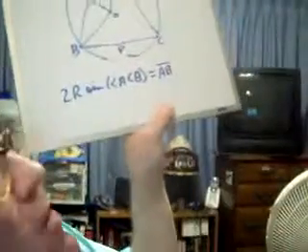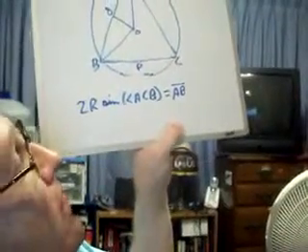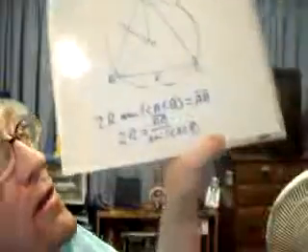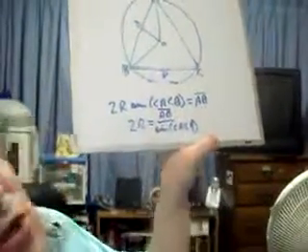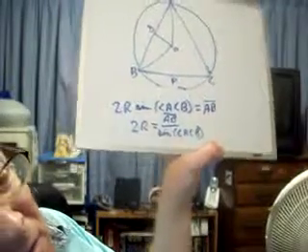Is that looking a little more familiar? I bet it is. So now what we can do is go 2r, and we can do this. That is two thirds of the law of sines.